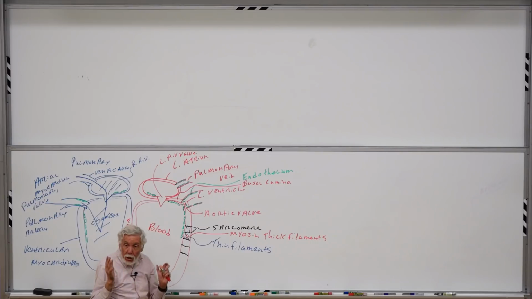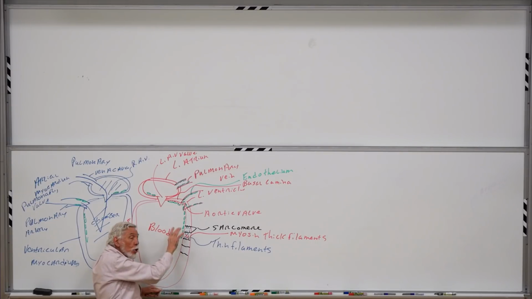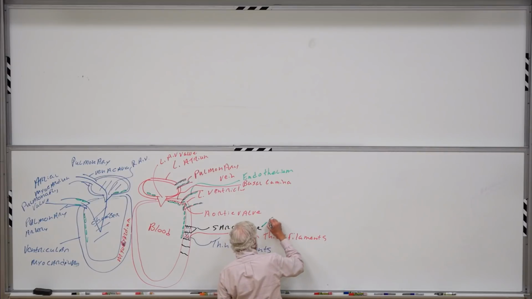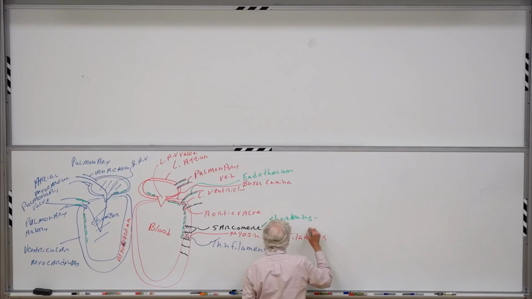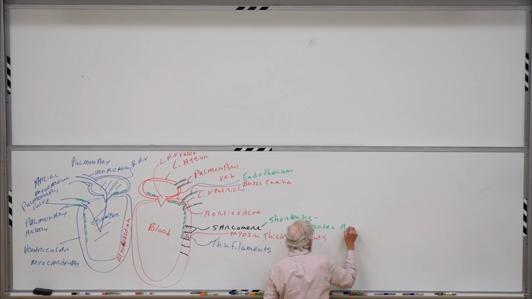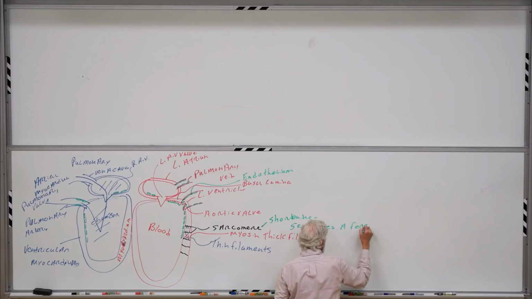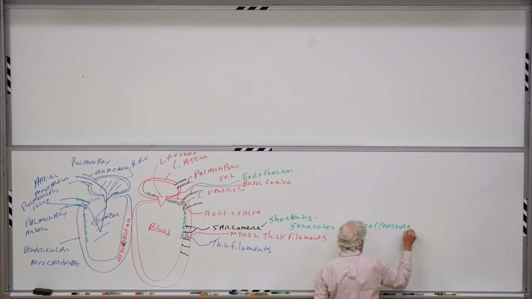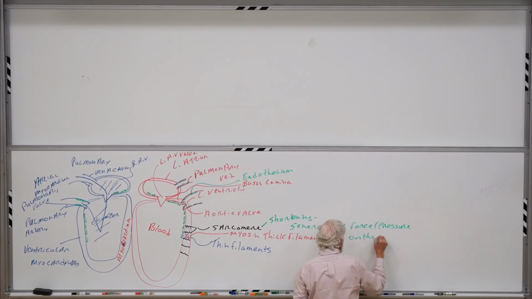The story is pretty much the same as for skeletal muscle. What we're doing when we shorten the sarcomeres is generating a force. Sarcomere shortening generates a force. You can read that as pressure on the chamber contents.